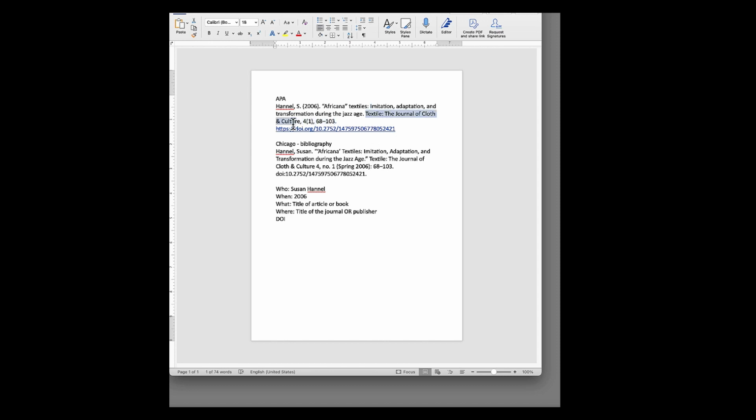APA also says put the title in italics, which is fine. Now in Chicago, here we have the title of the article, and that's in quotes, which is good. And then the title of the journal itself, again, should be italicized with this information.